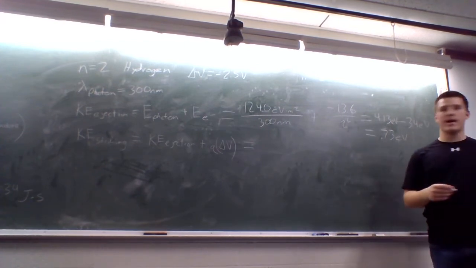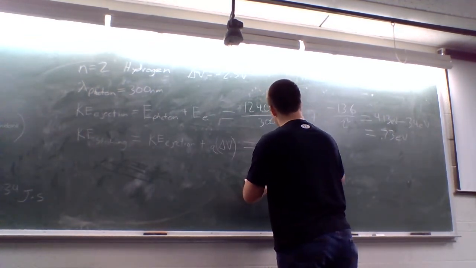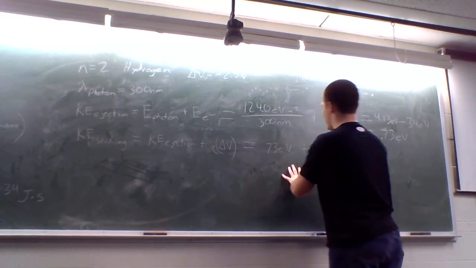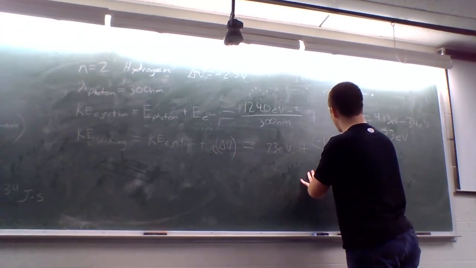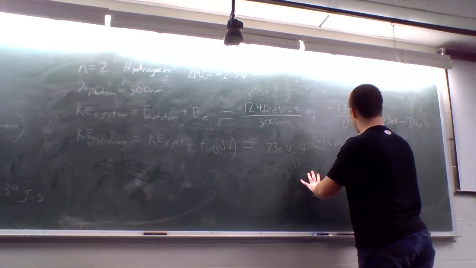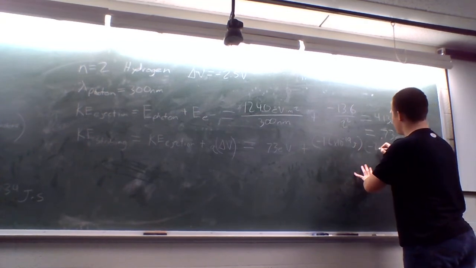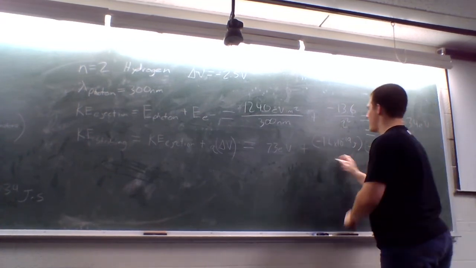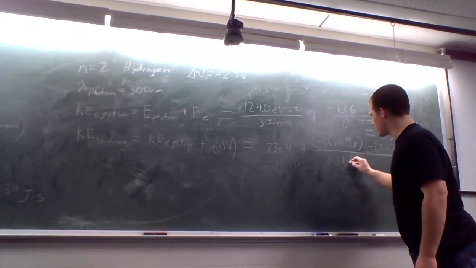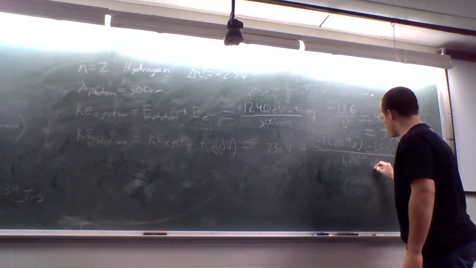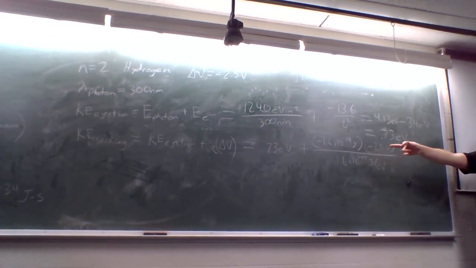The reason it is negative is because when we do this equation, we start with 0.73 electron volts, plus Q, the charge of the electron, which is negative 1.6 times 10 to the negative 19 joules, times our delta V, which is negative 2.5. But we want this in electron volts, so once again we divide by 1.6 times 10 to the negative 19 joules per electron volt.